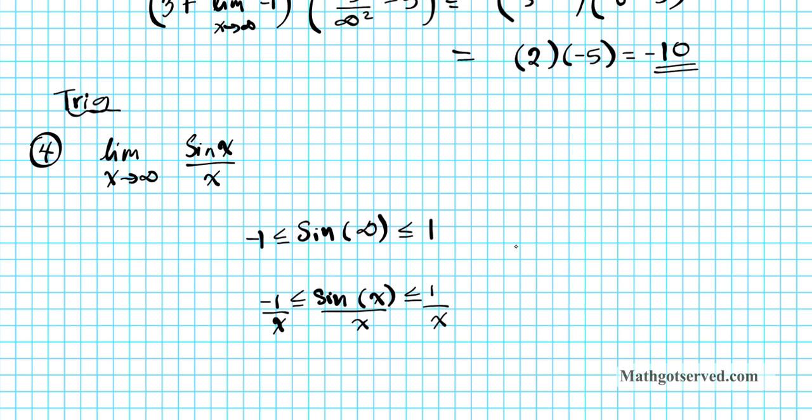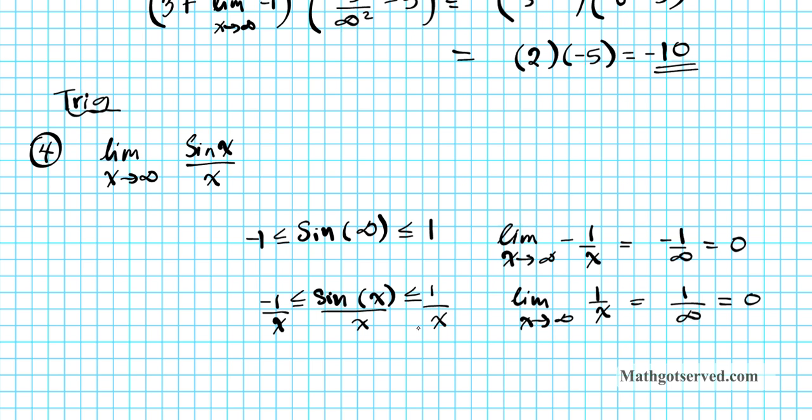The limit as x approaches infinity of -1 over x. This is bottom heavy, right? So we know it's going to collapse. It's going to become -1 over infinity, which is just 0. And also the limit as x approaches infinity of +1 over x. This is also bottom heavy, so it's going to be 0. But let's just do the work. 1 over infinity is 0. So these two limits are 0, right?